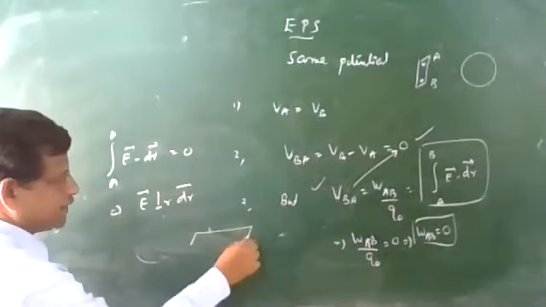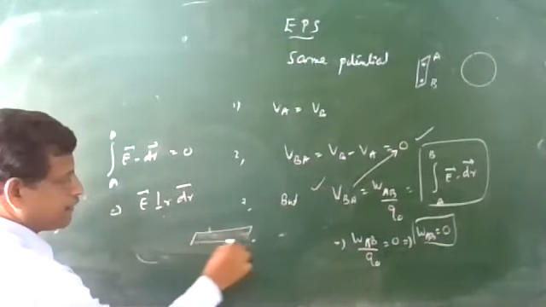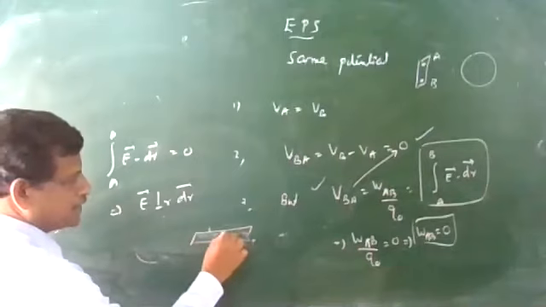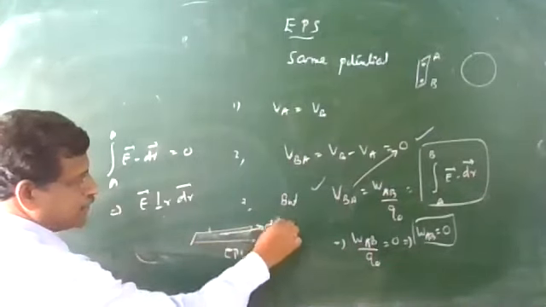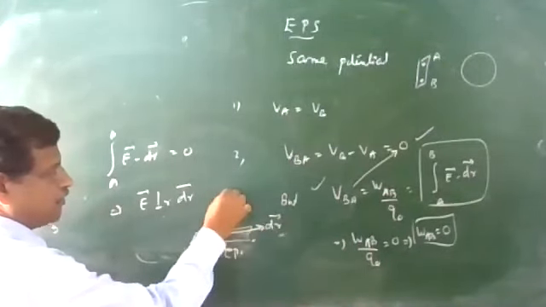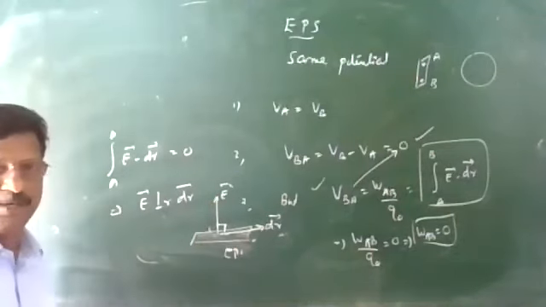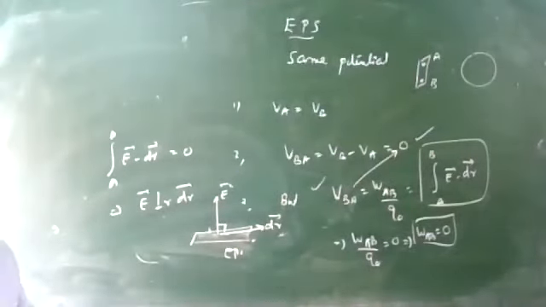Suppose you have an EPS here. This is the tangent along the surface, and the electric field vector will always be perpendicular to this. You keep an EPS, draw a tangent, the dr vector, and the E vector perpendicular to this.